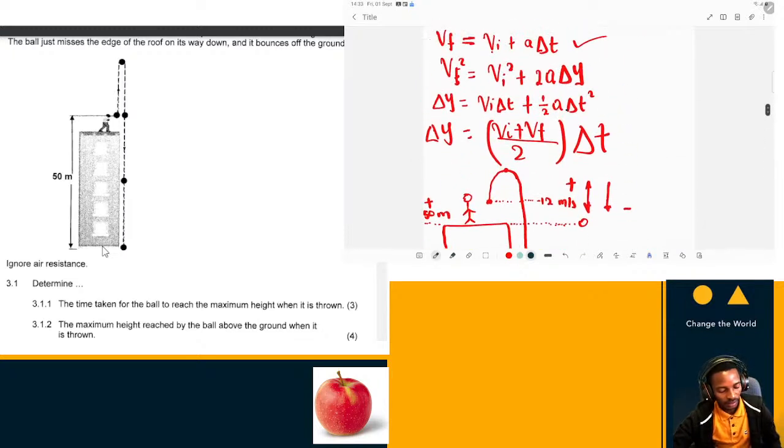Let's use this one. This one, we have final velocity, we have initial velocity, we have acceleration, and we have displacement.